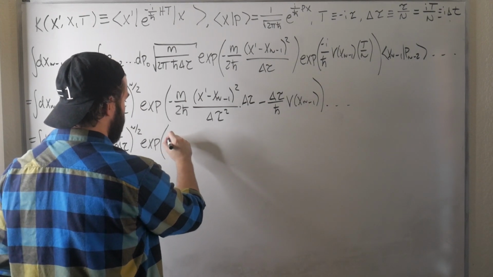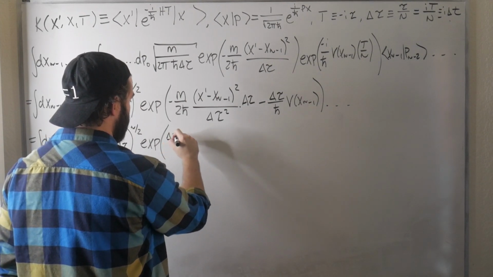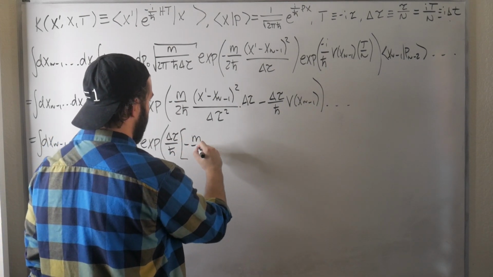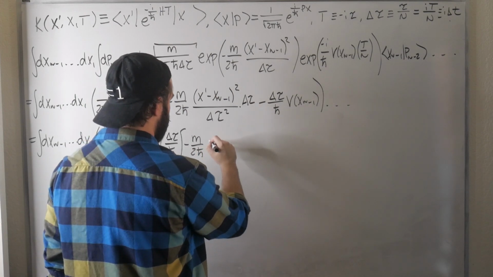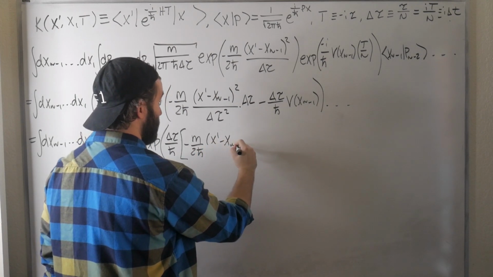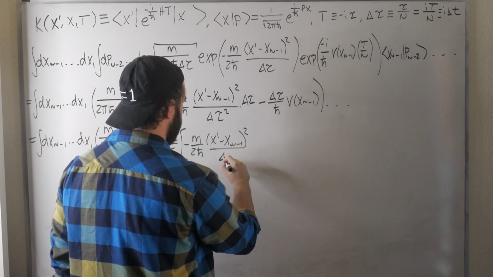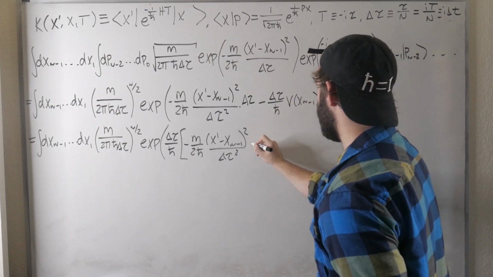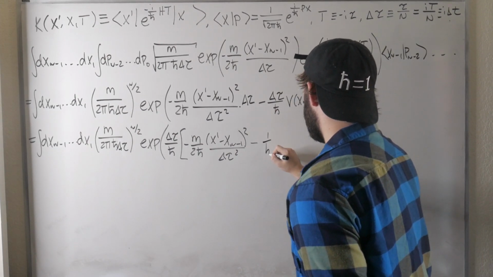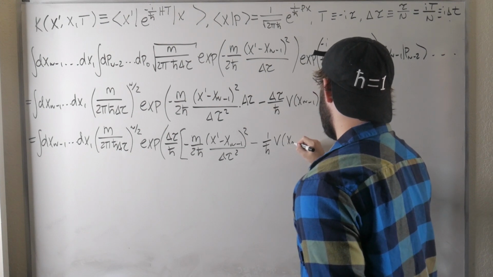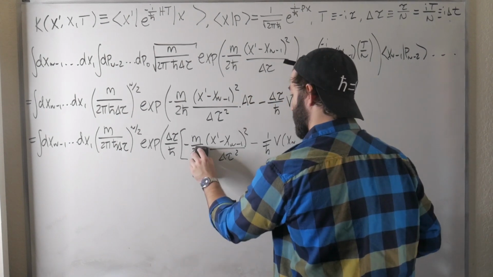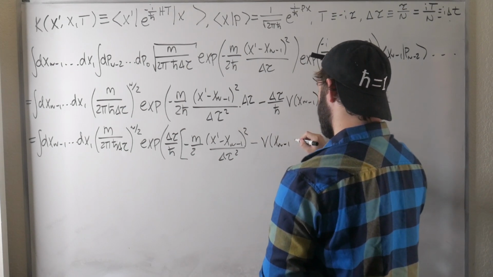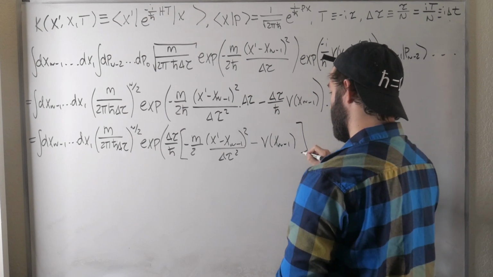So we have a delta tau over h bar, and then we're going to have a minus m over 2h bar, x prime minus x sub n minus 1 squared over delta tau squared. You might be able to see what I'm doing here. Minus 1 over h bar v of x sub n minus 1. No, we pulled out the h bar, I'm sorry. Minus v of x sub n minus 1. Okay, so that's this guy.